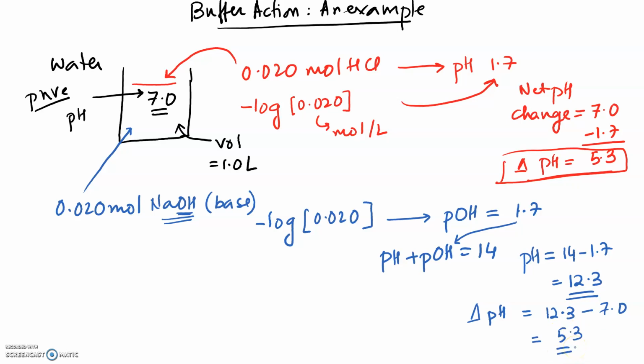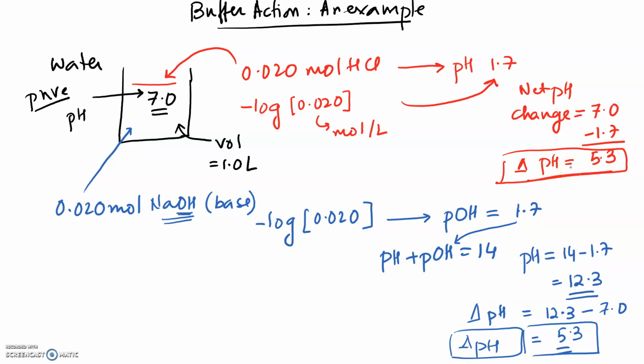Okay, so as you can see, whether you add a strong acid or a strong base, the pH jumps significantly. Okay, and I'm just going to box this for reference. That's the change in pH for base, and then the change in pH for an acid is up here.